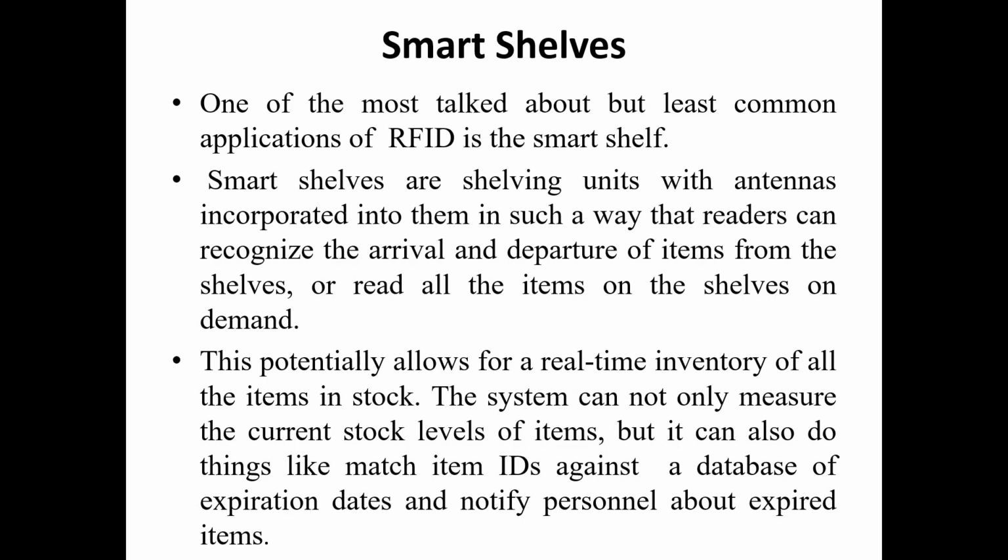Then comes smart shelves. These are shelving units with RFID antennas embedded inside or under the shelf. How it works: items with RFID tags placed on the shelf are automatically detected, so the shelf monitors presence, removal and replenishment of items.